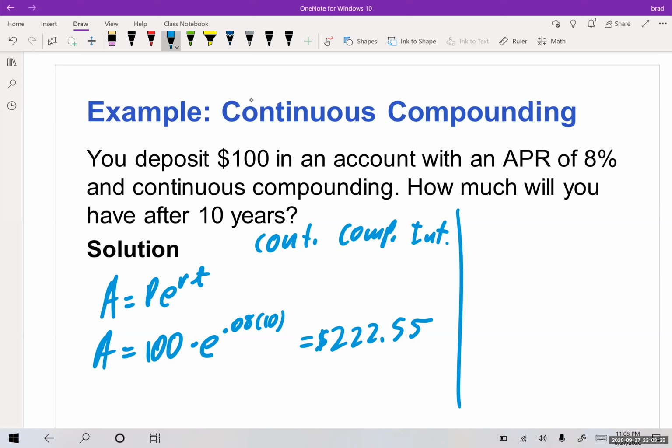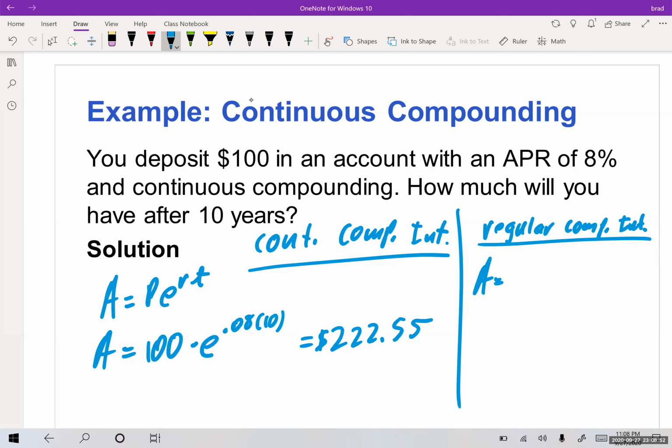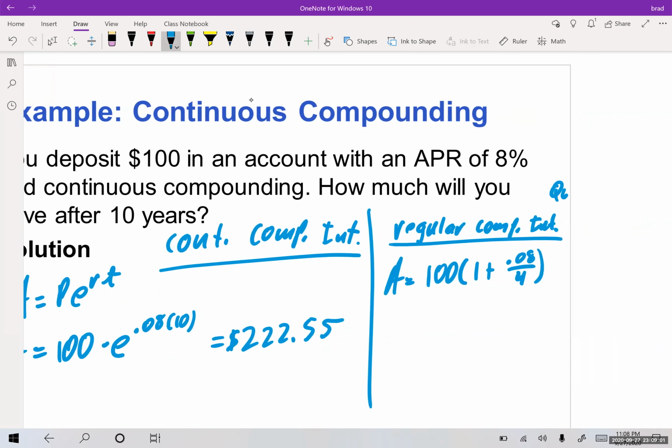Let's do the same thing, but let's say we compound it quarterly, 4 times a year, instead of a near infinite amount of times. So I'm going to do regular compound interest, not continuous. Regular would be A equals $100 times (1 plus 0.08 divided by 4), because we're going to do quarterly, and then we take it to the power of n, which is 4, times t, which is 10 years.